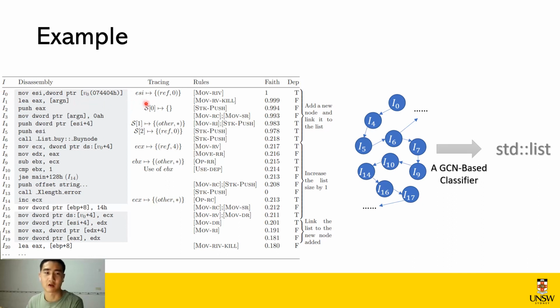Second, from now on, whatever operates on ESI would also be dependent on V0 since the value of ESI is derived from V0. I won't go into detail about every instruction here because this is a lengthy process. If you are interested in the detail, you can refer to the paper for more information.